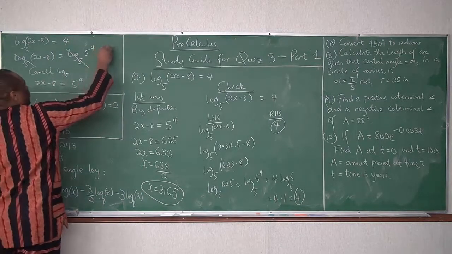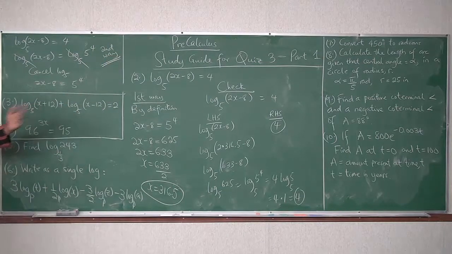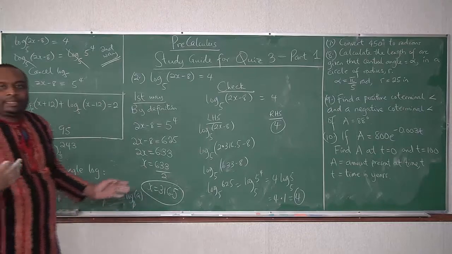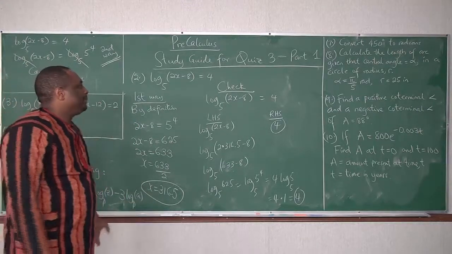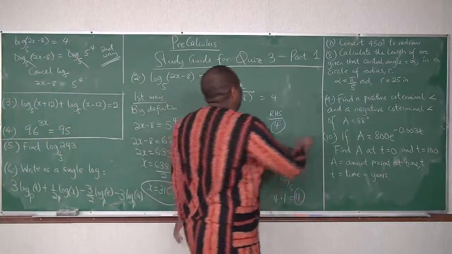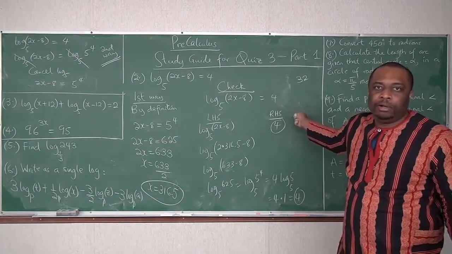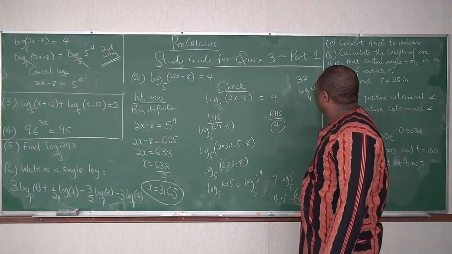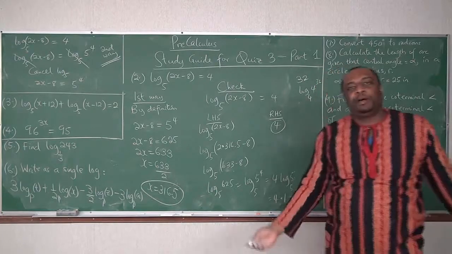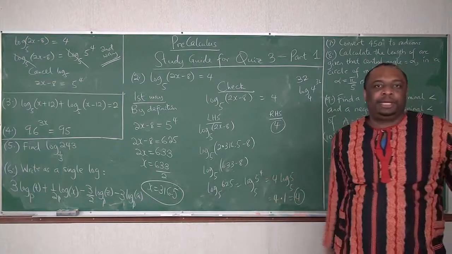This is the second way to do it. You can always change any number to a log right away. Like if I have 32 and I want this to be in log base 4, it will be log base 4 raised to the power 32.